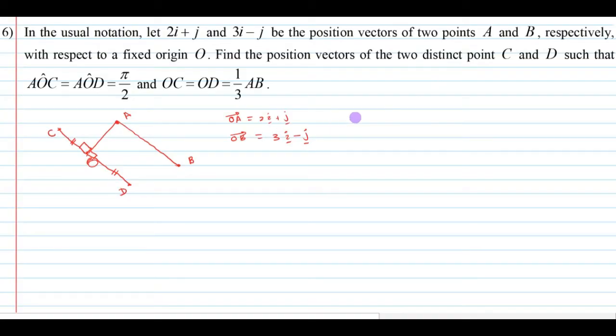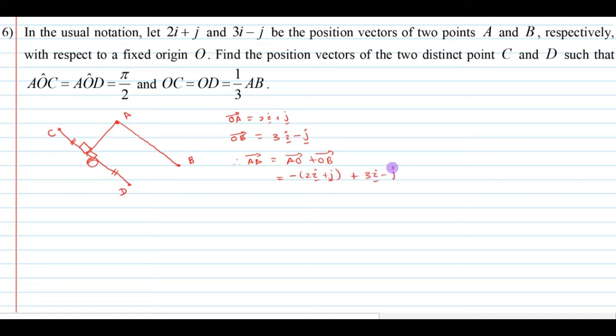According to the vector triangle law, AB is equal to AO plus OB. AO means minus OA, so minus 2i plus j plus 3i minus j.